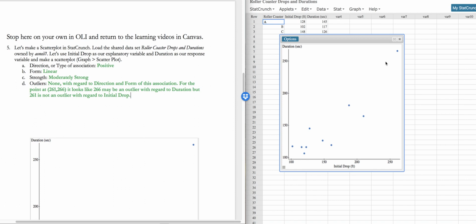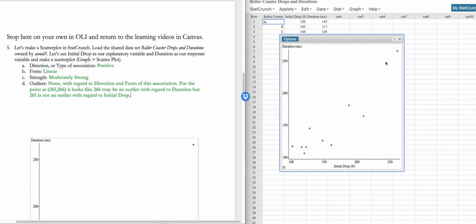In statistics class beyond introductory, we might evaluate it under different types of forms to see if a quadratic form would fit better. But for us, we're really just looking at, is it linear or not? And this seems like a linear model will do a decent job of describing this relationship.